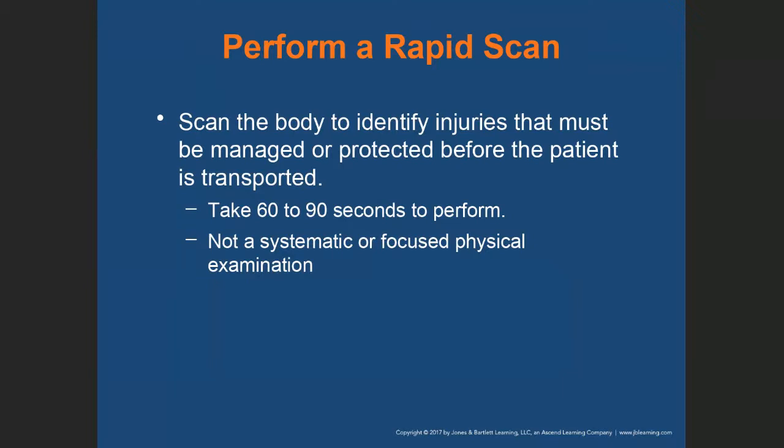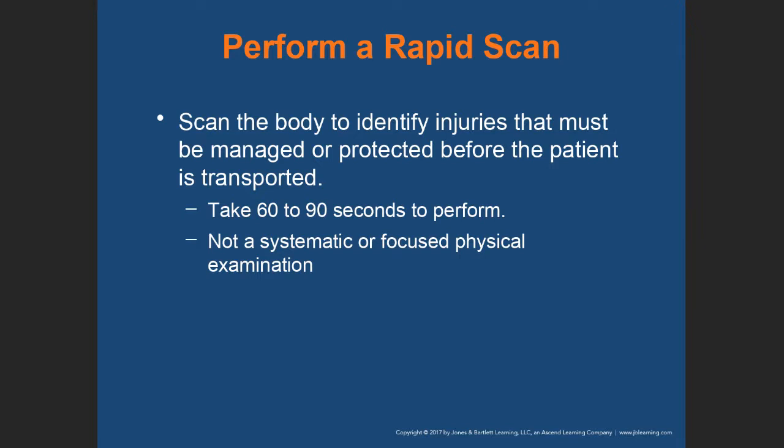Perform a rapid scan to scan the body to identify injuries that must be managed or protected before the patient is transported. It should take 60 to 90 seconds to perform. It is not a systematic or focused physical examination.